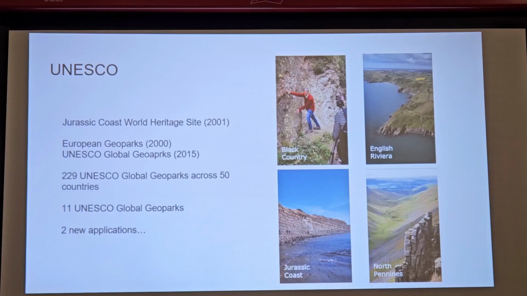The Black Country UNESCO Global Geopark, established in 2020, is our most recent UNESCO Global Geopark in England. And there are 11 UNESCO Global Geoparks across the UK. But we've got 2 more coming.